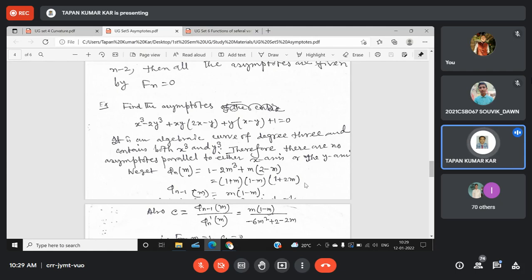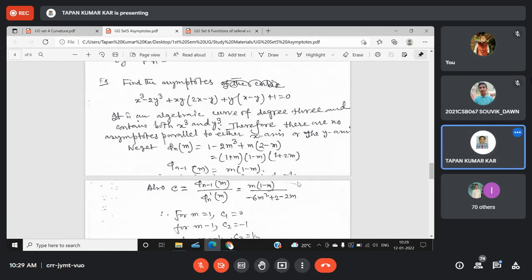So how many roots are there? 3 roots, cubic equation. Roots are 1, minus 1, minus half. So phi 3m equal to 1 plus m, 1 minus m, 1 plus 2m. Setting phi 3m equal to 0, you will get all the values of m: 1, minus 1, minus half.